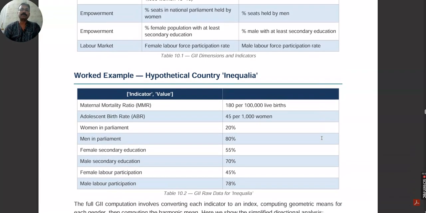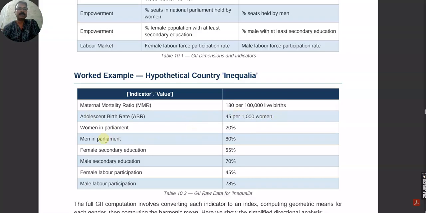Using one hypothetical data for a country, suppose the indicators show this: maternal mortality ratio, MMR, 180 per 1 lakh live births, and adolescent birth rate, ABR, 45 per 1000 women.